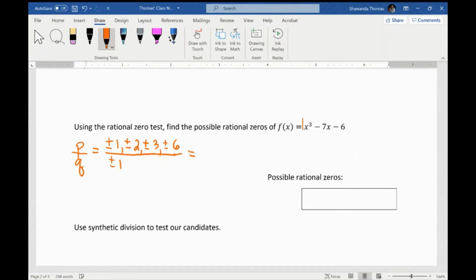All right. Now we have to divide each p by each q. This one is kind of easy because there is only one q. So if I divide 1, 2, 3, 6 by 1, then we have plus or minus 1, plus or minus 2, plus or minus 3, plus or minus 6.